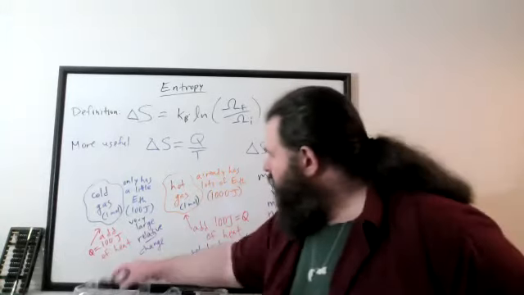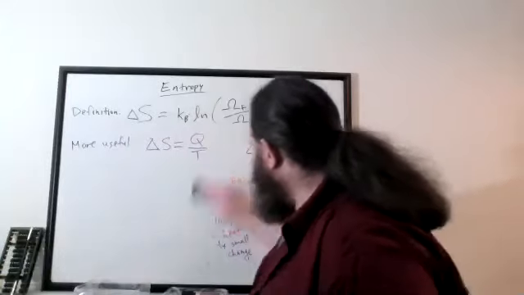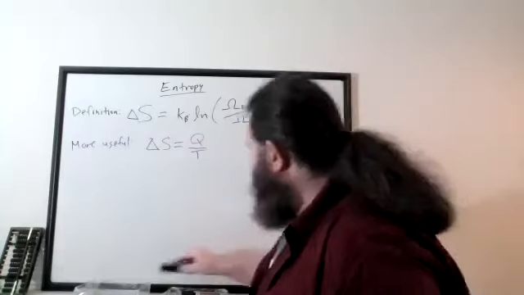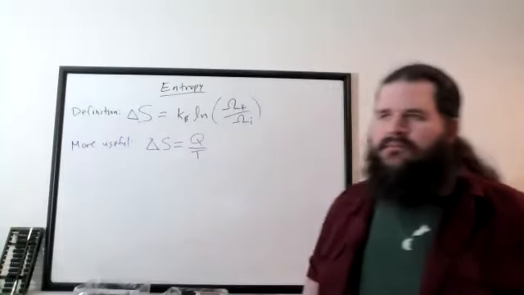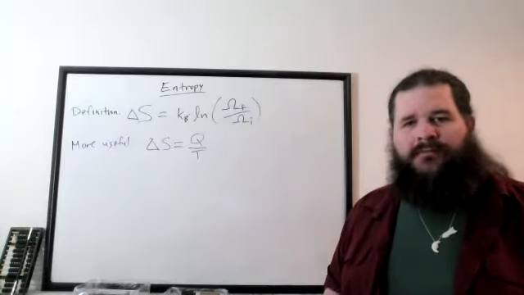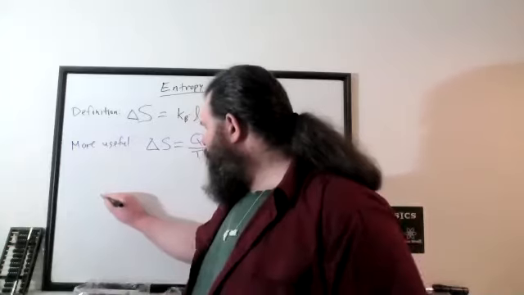And we could even calculate how much entropy, let's try an example, just calculating how much the entropy is changing in a certain circumstance. Let's say we are maybe freezing some water. Let's say you've got a cup of water.